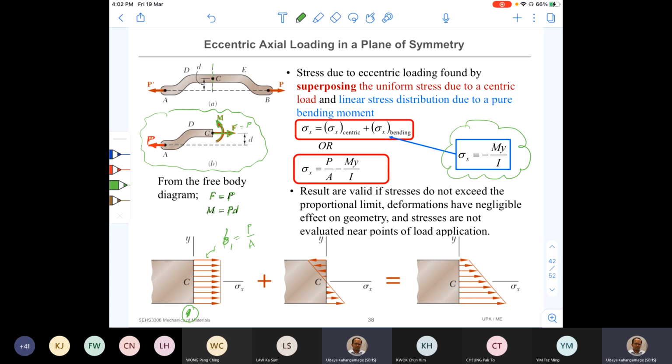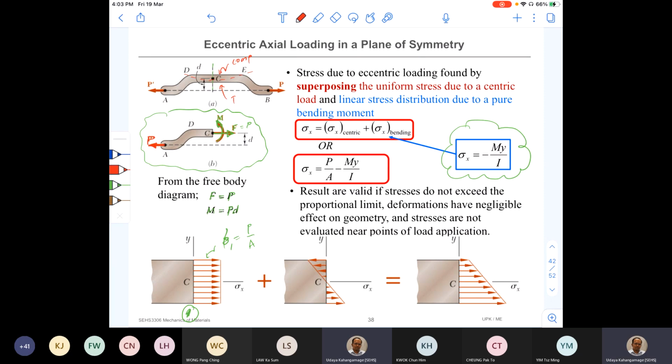Now here you can see that from the way the force is applied, this member on the top, DE, is going to bend like this, right? Can you visualize that one? So that means the top portion here is going to be under compression, and the bottom side is under tension. You can see that, right?